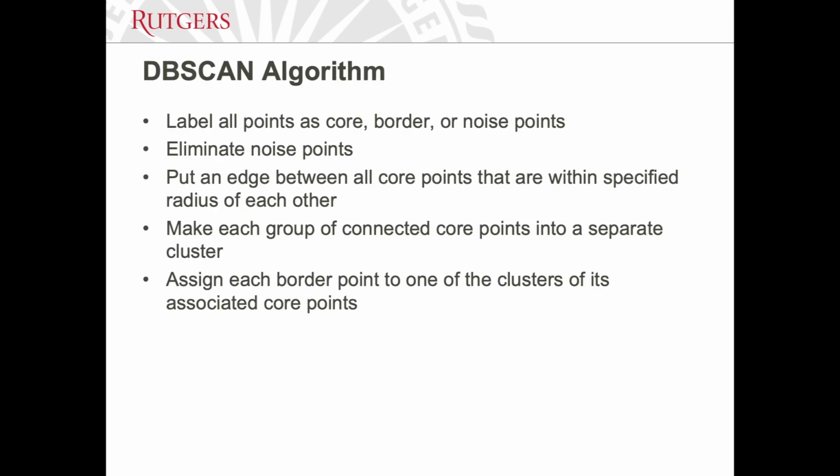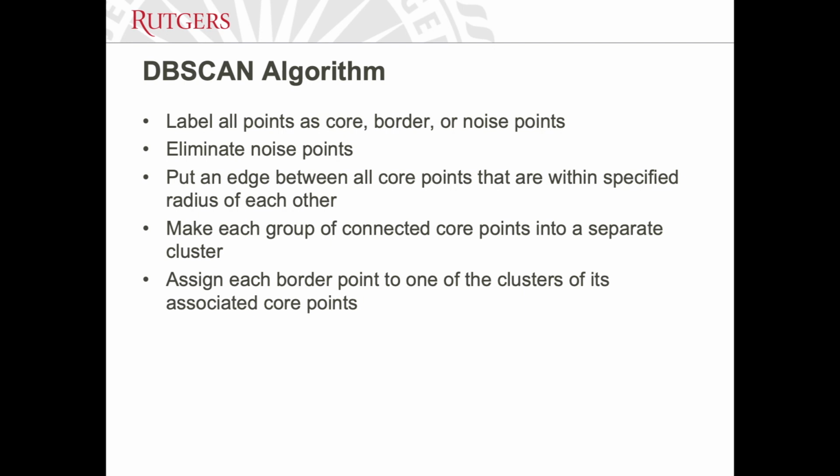DBSCAN starts with labeling all points as core, border, or noise points. Any two core points that are close enough, for example, within a specified radius distance, will be put in the same cluster. Similarly, any border point that is close enough to a core point is put in the same cluster.